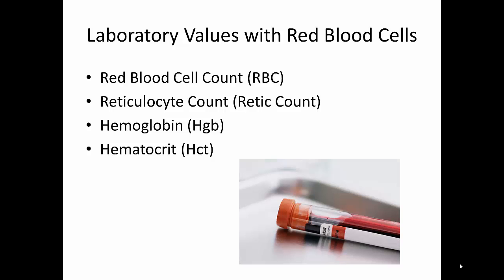Reticulocyte count is a measurement of new red blood cells. So these are ones that are immature or relatively young, and gives us a good indicator of how well the bone marrow is functioning. So if we have a patient that has anemia or has significant hypoxia over a long period of time, is the hematopoietic system compensating?